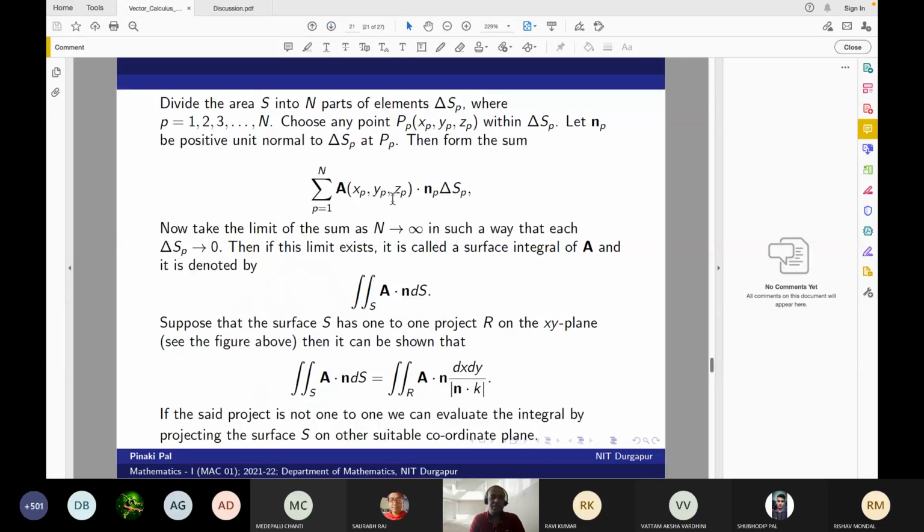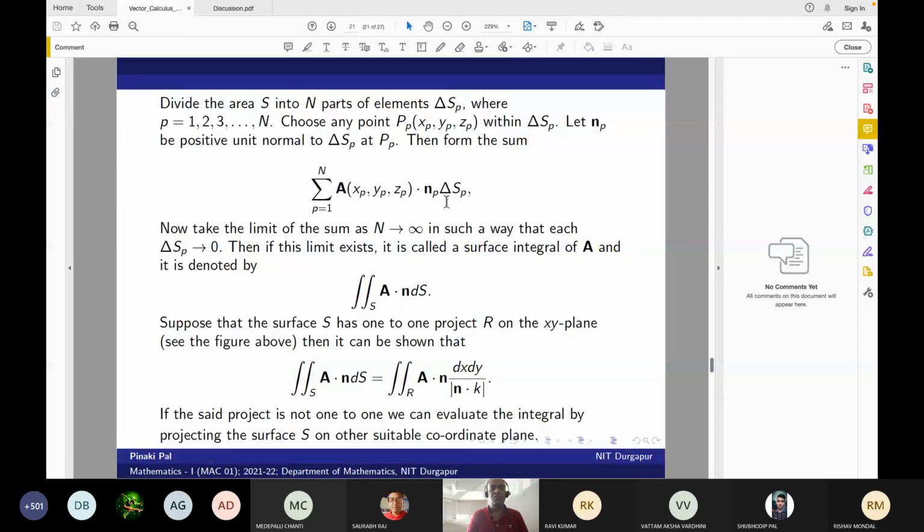Here you see, this is the contribution of the function A at x_p, y_p, z_p, that is, the coordinates of the point P, and then we take the normal component of that vector. We get a scalar, and that scalar is multiplied with delta S. That is my integration element, and we form the sum over all such elements from p equal to 1 to capital N. If the limit of this sum exists as delta S_P tends to 0, that means we are considering more and more smaller elements.